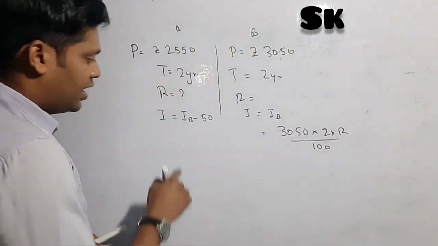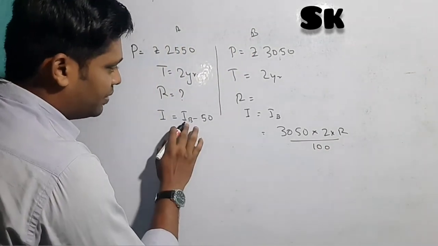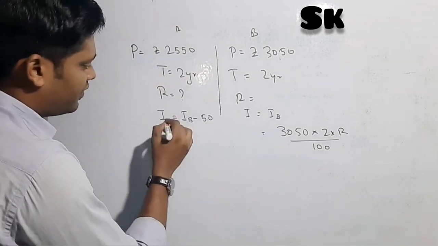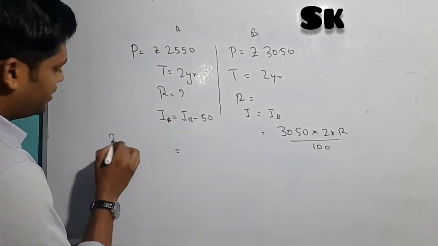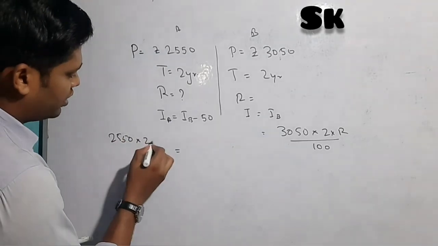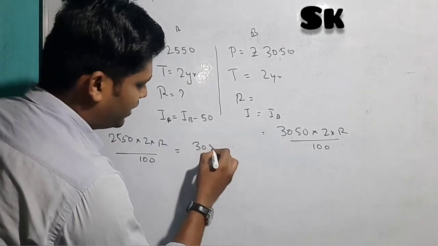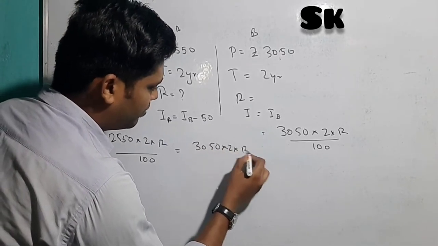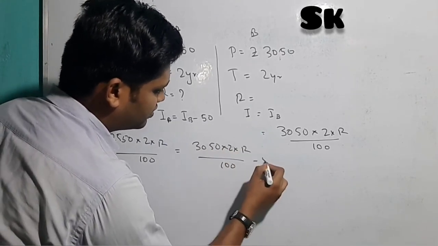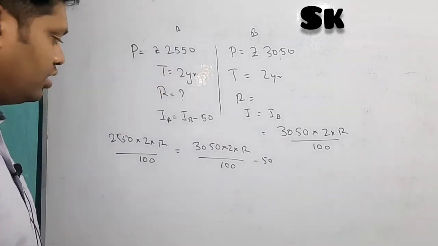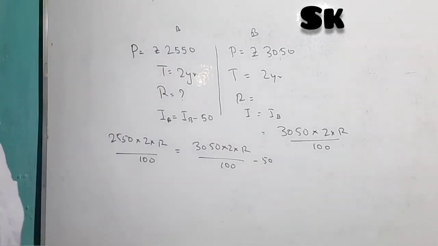Here interest IA is principal into rate by 100, which is 3050 into 2 into R by 100 minus 50. Clear? Now when you solve this one, you will get your answer.